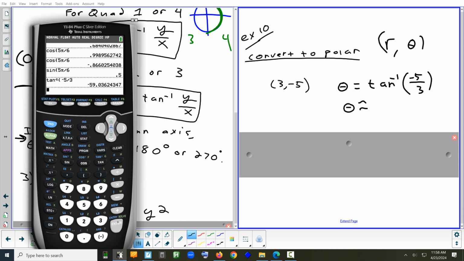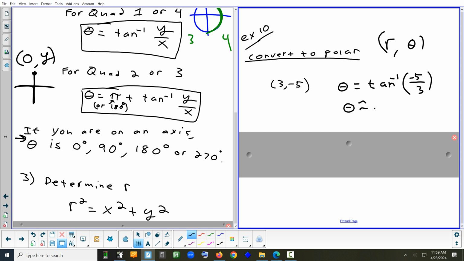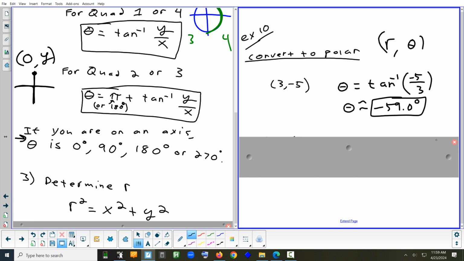If you add 360, you would make that angle positive. And that's what I showed you guys when we graphed polar points different ways. You can have negative angles or positive angles. I'm just going to leave it negative. -59.0. So there's your angle.